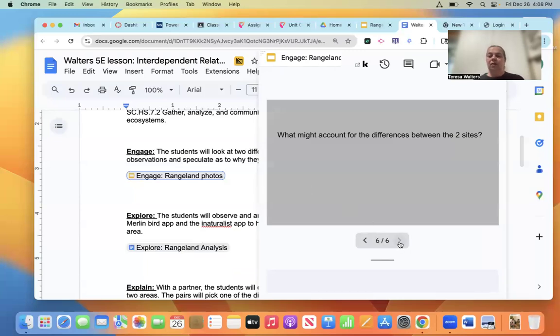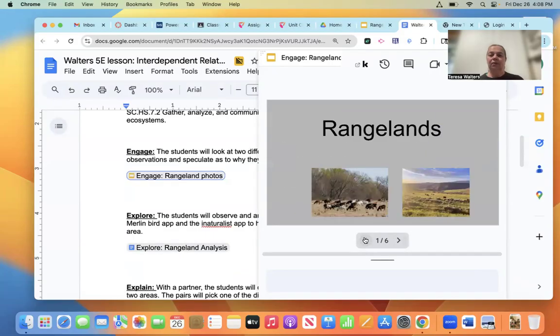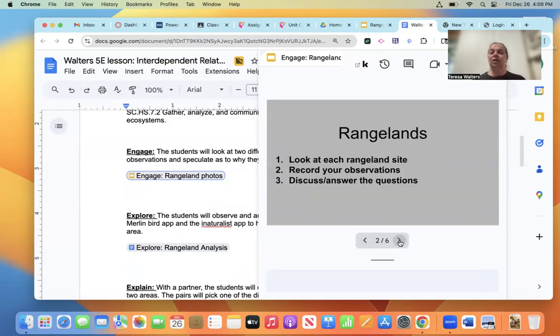And so what might account for the difference between the two sites? Let me back up here. So rangelands, I had them look at each rangeland site, record their observations, and then discuss and answer questions.